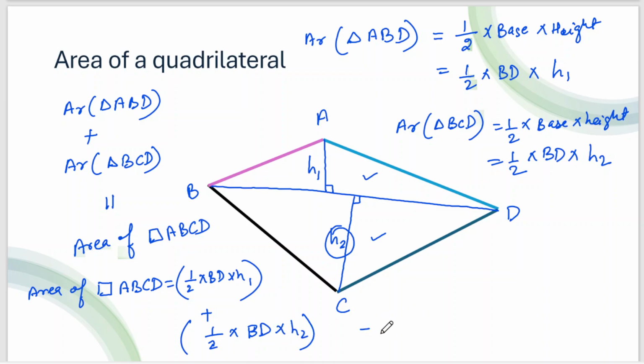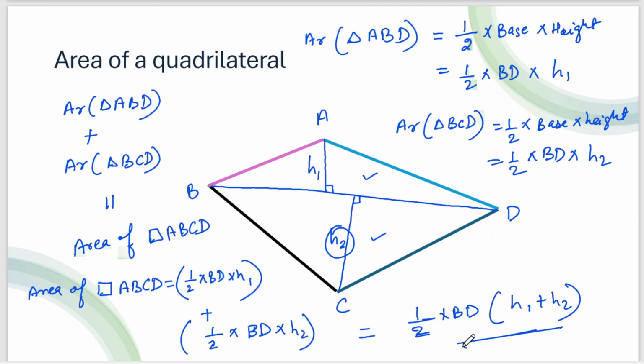So you can see you have got half into BD common in both, and H1 plus H2 will be left out.